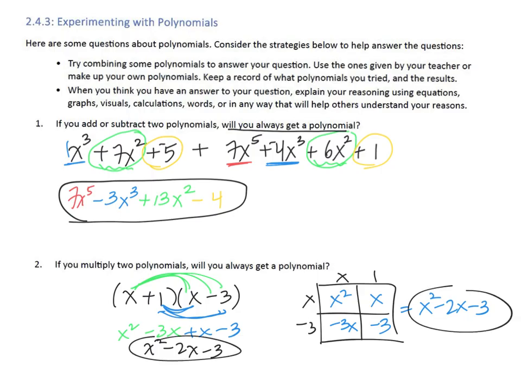So when I multiplied two polynomials together, did I get a polynomial? Yes, I did. You can create more to see if it's going to be something different, but it's always going to result in a polynomial. And so what are your takeaways?